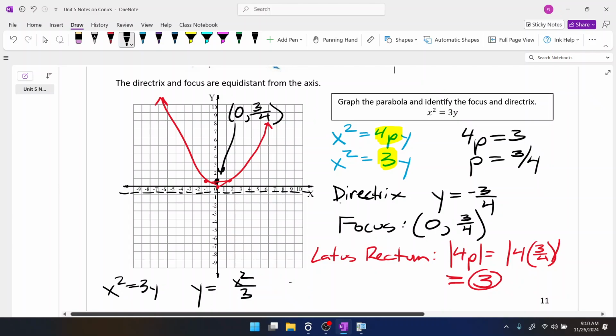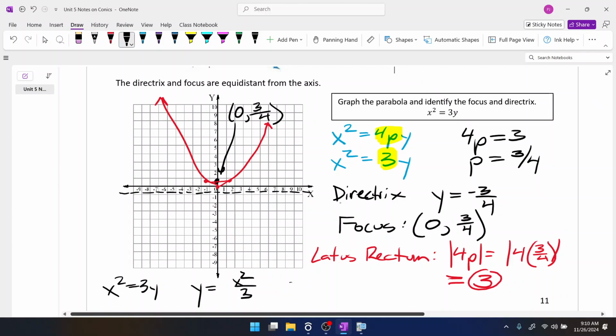So yeah, that's a parabola from this point of view, so to speak. Yes? For the directrix? Okay, so do you understand how we got our value for p?